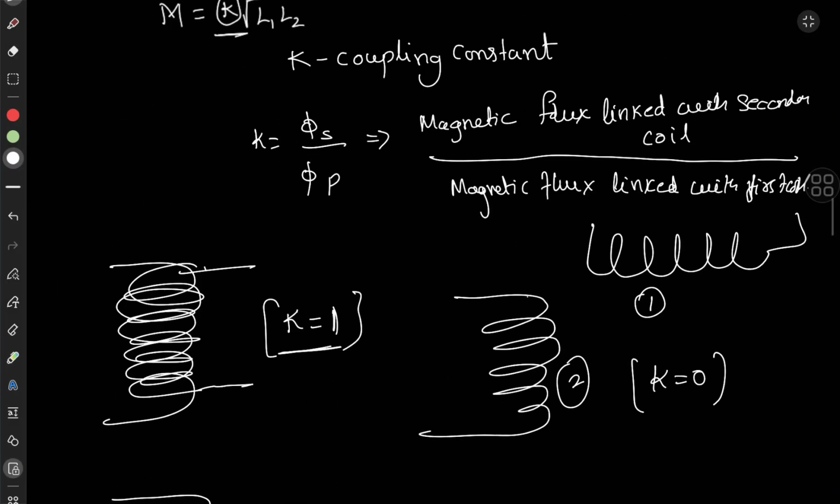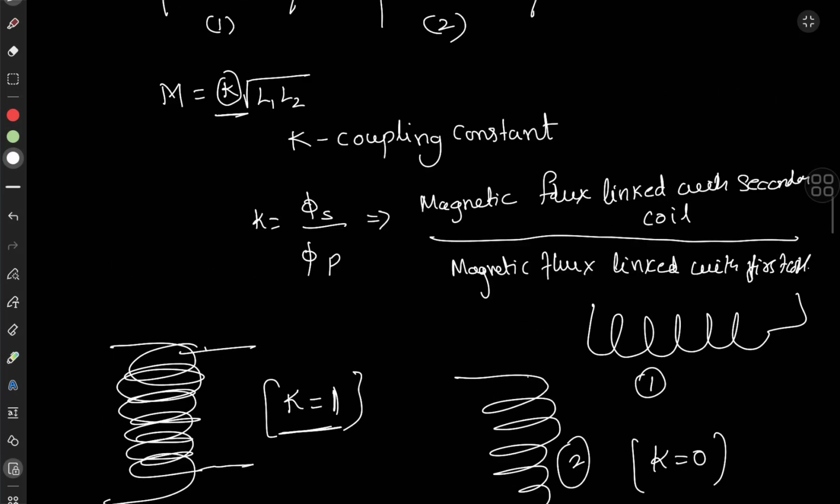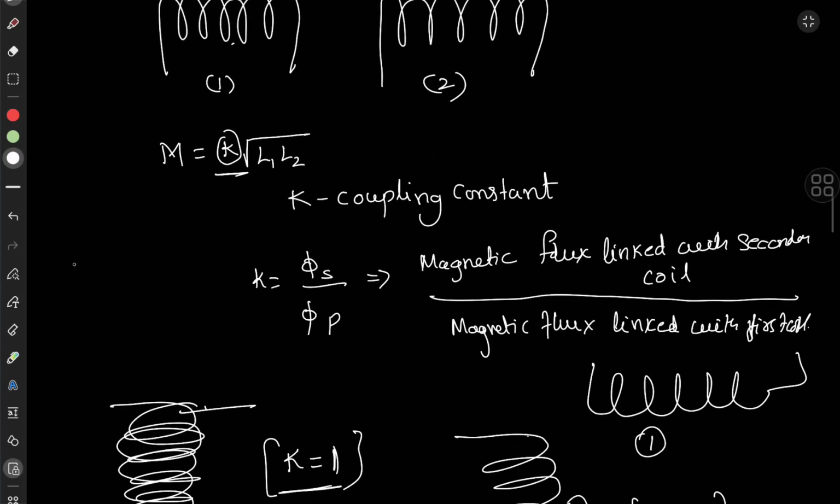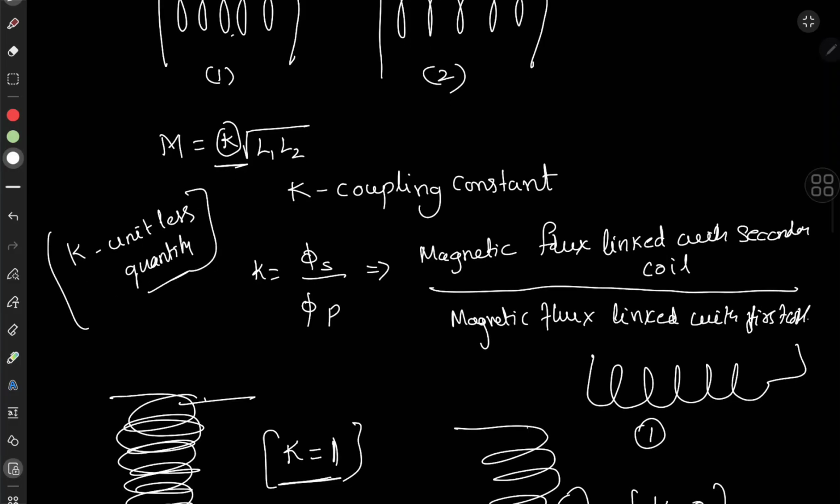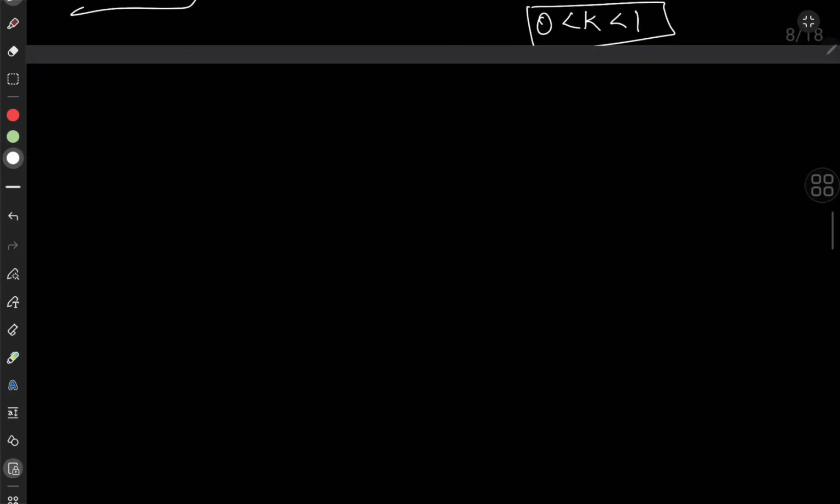There is no unit for the coupling constant. K is a unitless quantity. By knowing the coupling constant, we can determine the mutual inductance. This is another method of finding the mutual inductance.